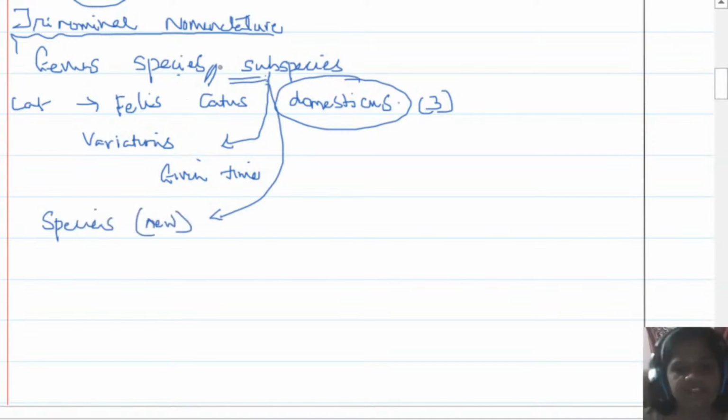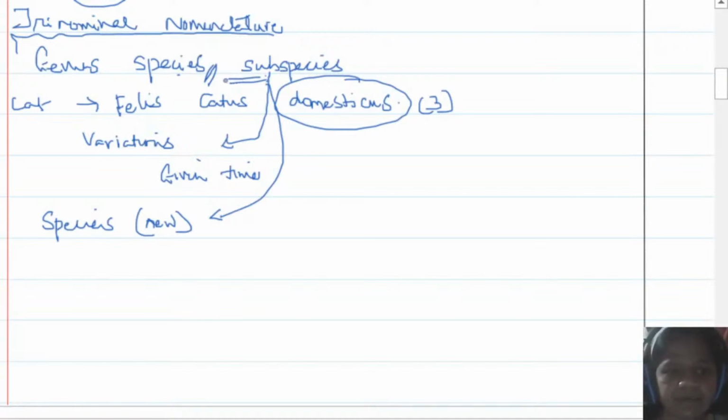That's why we say evolution is dynamic. But we are digressing here. The extension of the binomial nomenclature is the trinomial nomenclature, because we are describing the subspecies, one level below the species, because it is slightly different from the species. There are very few variations.